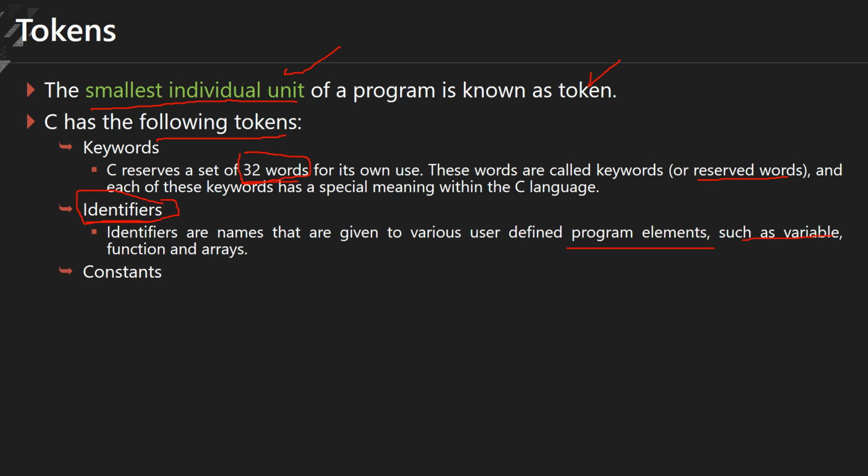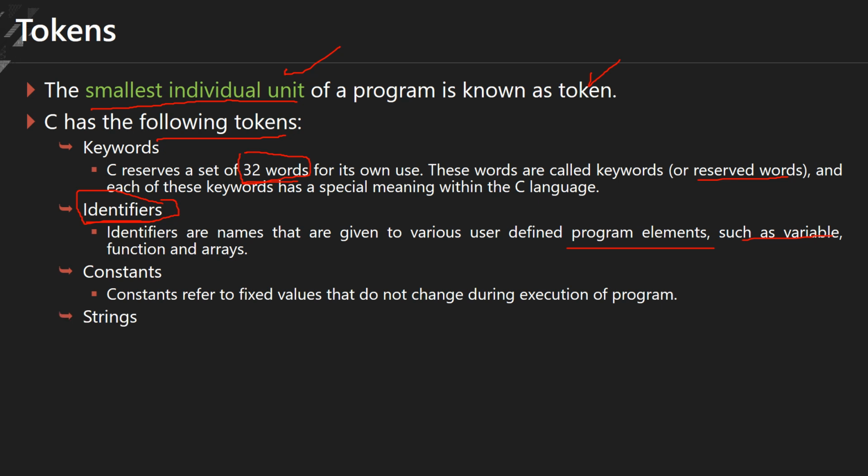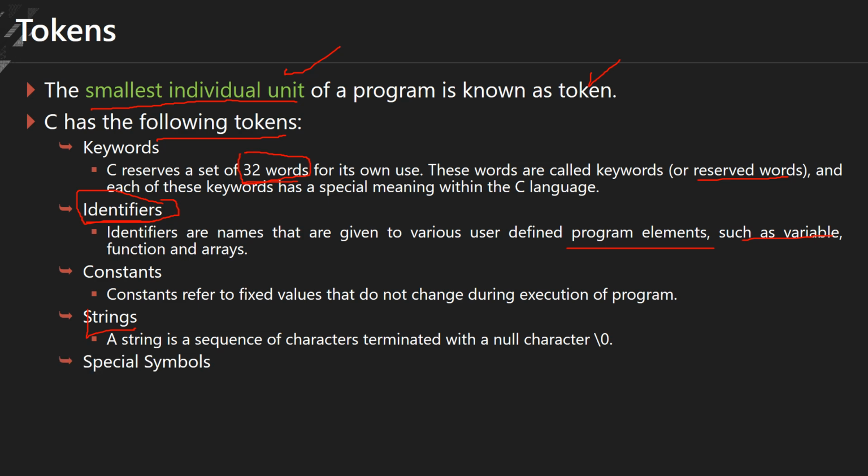What is a constant? Just now I explained, a constant is a fixed value that does not change during the execution of the program. Then another term is string. A string is a sequence of characters terminated with a null character.